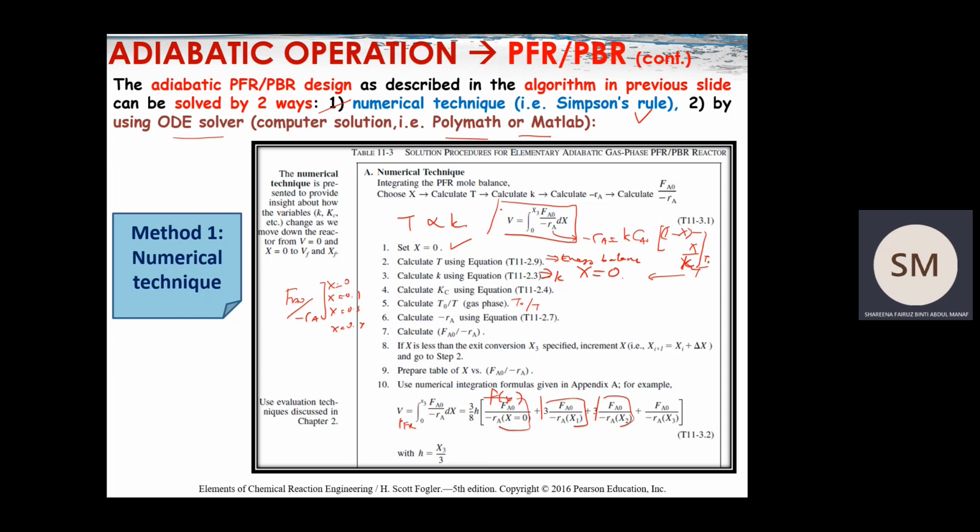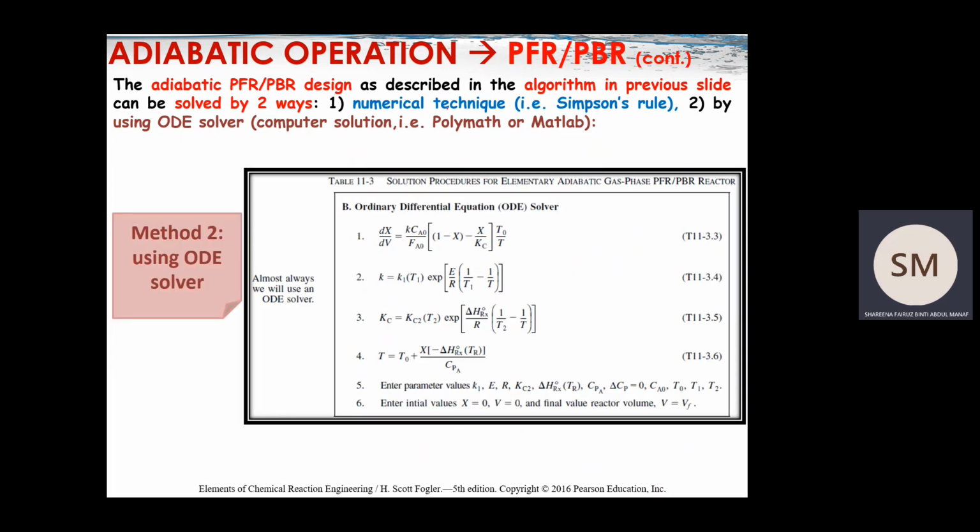Then we have another method, which is using the differential equation. This one you need to use software; you cannot do it manually, in order to get the V. So this part is the one that you can calculate.